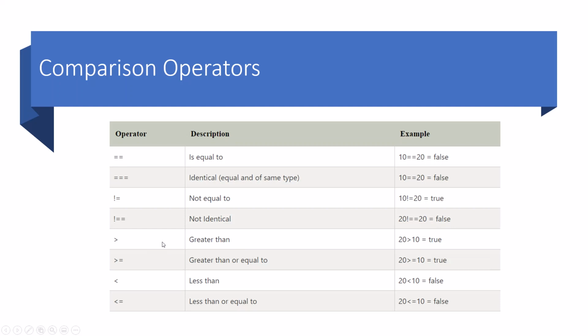The next is greater than, if you want to check whether one of two values is greater than the other, we use this comparison operator. And the next one is greater than or equal to, if you want to check between the two operands whether one value is greater than or equal to another. Same for less than and less than or equal to. So these are the comparison operators.